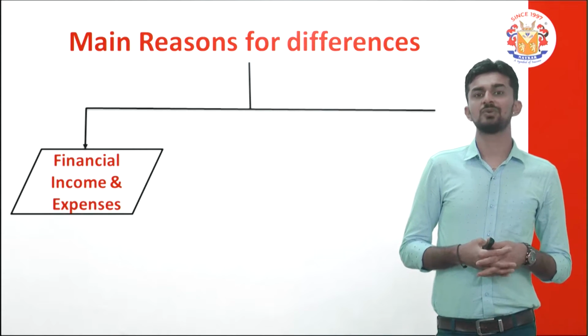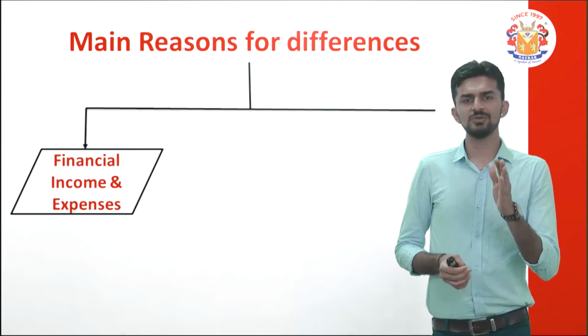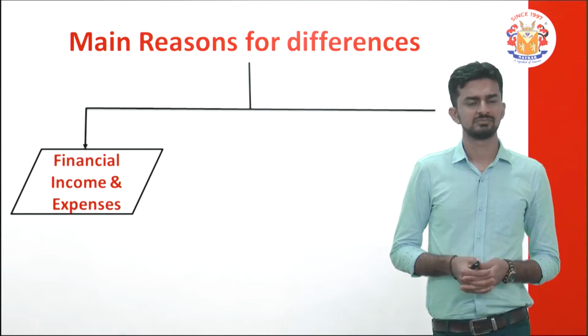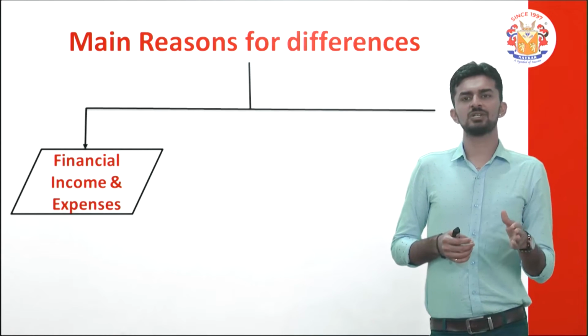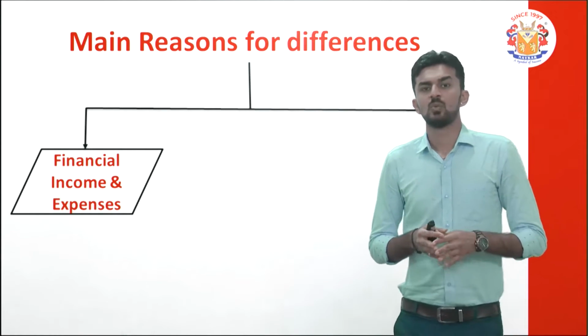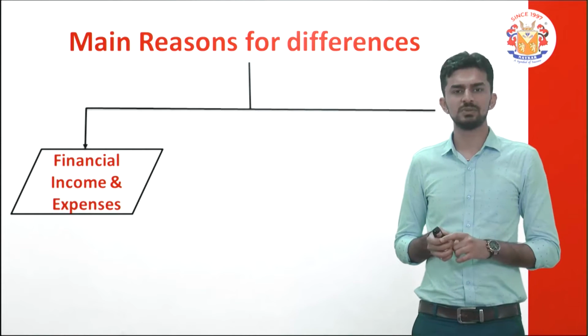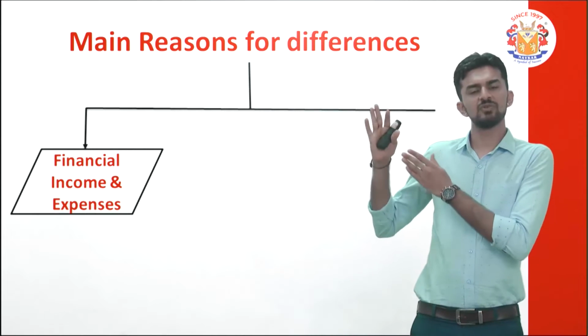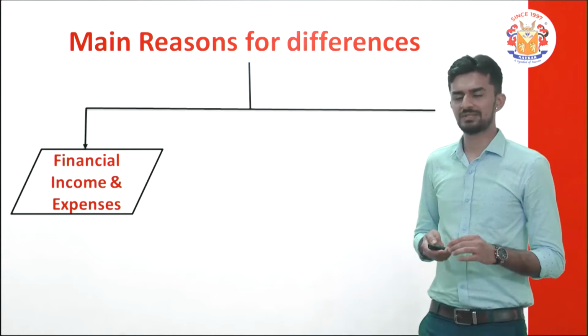But what in cost? Cost accounting is not going to record this transaction. As a result, your profit of cost accounting system will be less by 1 lakh due to this particular reason. And that's the first reason for differences between two sets of profits.